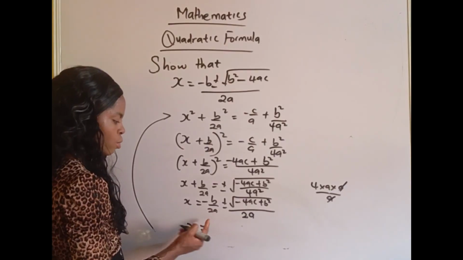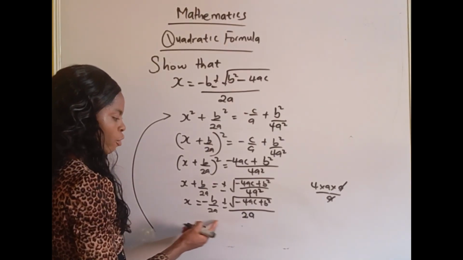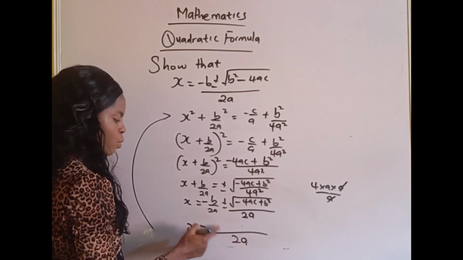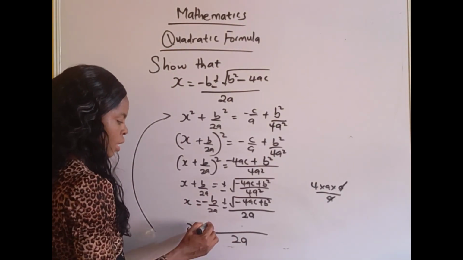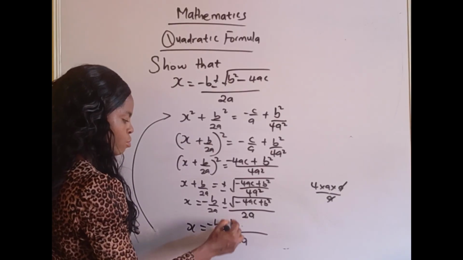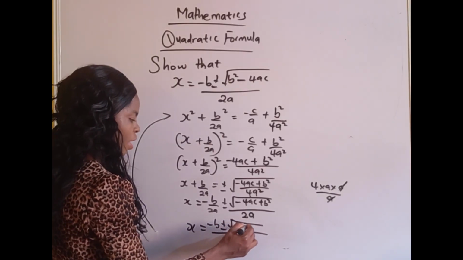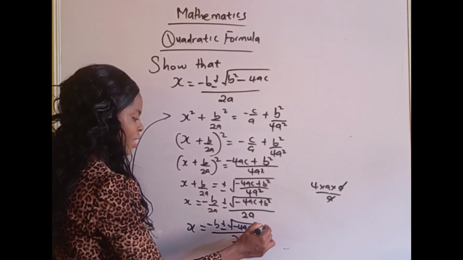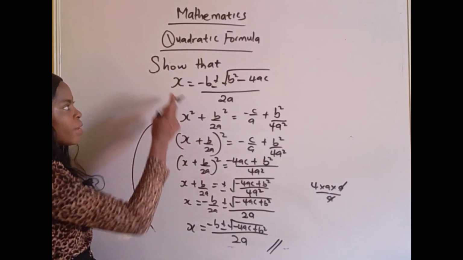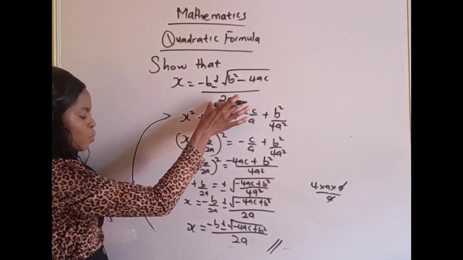So x is equal to, what's the LCM of 2a and 2a? That's 2a. Okay, 2a into a, 1 times it gives us minus b plus or minus 1 root minus 4ac plus b square. Now we've been able to what? To prove. Remember, the question is prove that x is equal to this.